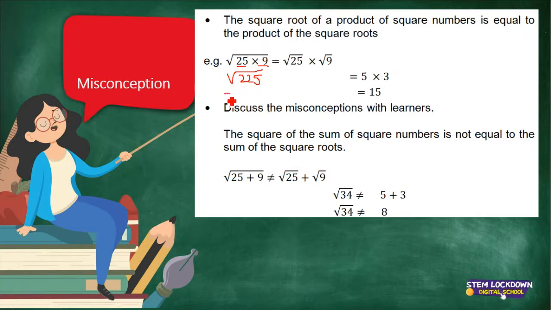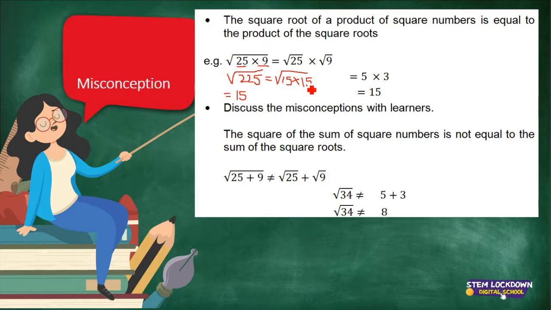So what is the square root of 225? In other words, which number do you multiply by itself to get 225? The square root of 225 is 15, which is 15 times 15.